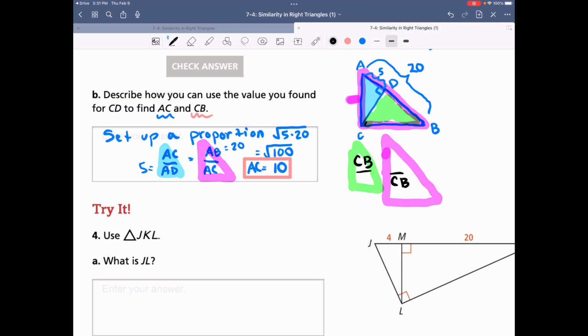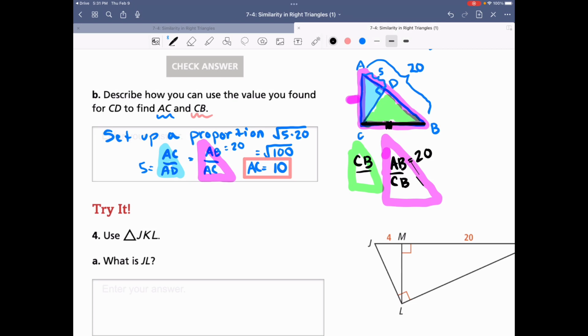CB on the green is the hypotenuse right here, which corresponds to the hypotenuse of the big triangle. And the big triangle, the hypotenuse is AB, which is equal to 20. Then, actually, I'm sorry, we want to know what CB is on the pink triangle. Well, on the pink triangle, it's right here, CB, from here to here.